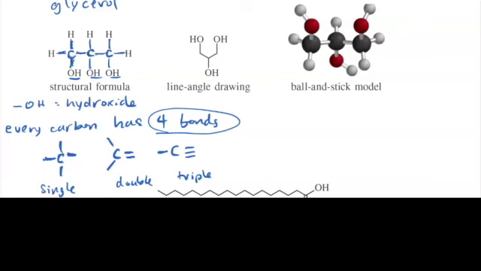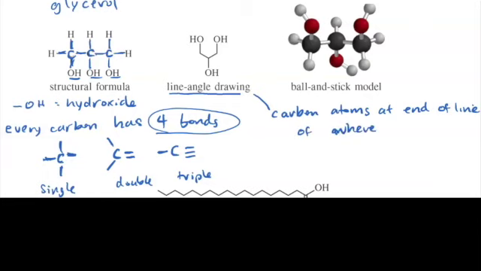And this becomes important in looking at what's called the line angle drawing. So the line angle drawing represents the carbon atoms at line intersections or at the end of the line. So at the end of the line or where 2 lines connect.